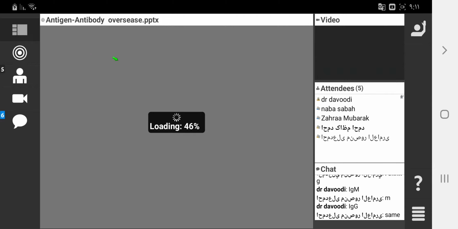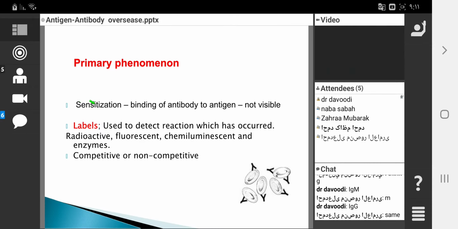In the primary phenomenon, which is sensitization, binding of antigen and antibody is not visible. Please consider that here antibody binds to the antigen on, for example, a red blood cell.